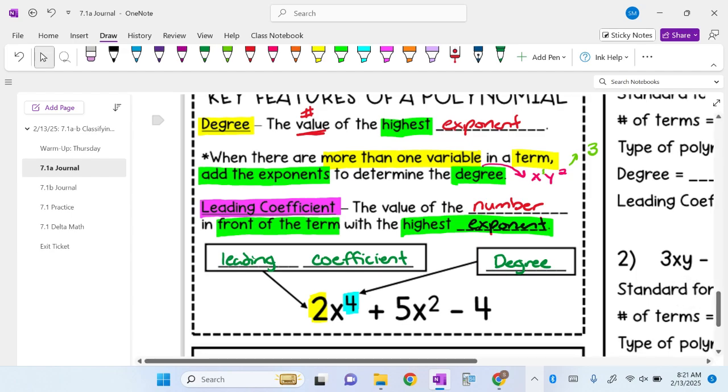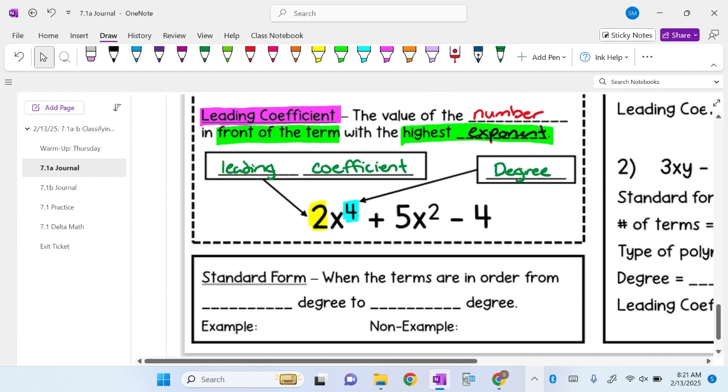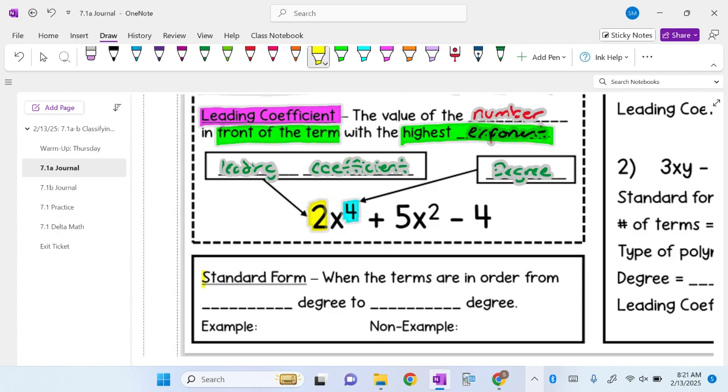All right. And then the last part, when it comes to polynomials and its classification, this especially comes in handy when you're trying to figure out the degree, is standard form. Now, we've talked about standard form in terms of a linear sense. Kind of similar, but not quite.